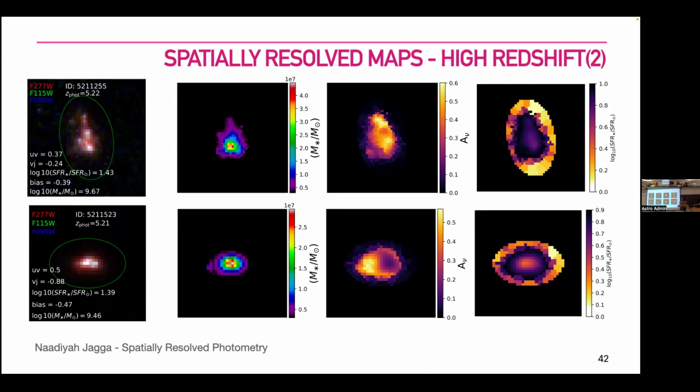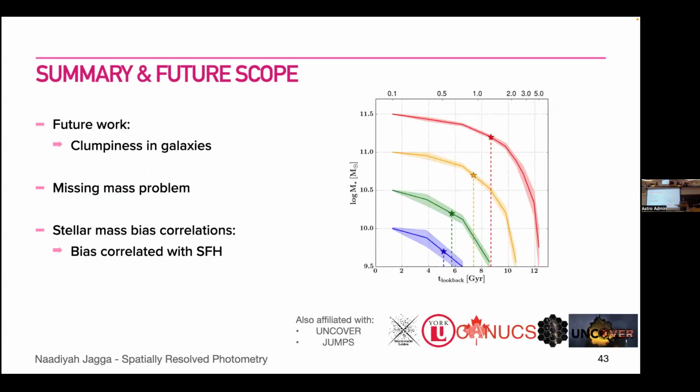These were high redshift galaxies, by the way, that are showing the clumpiness in the dusty galaxies. As a next step, I want to show the clumpiness of all galaxies and see what's the correlation with the rising stellar mass, and see if the clumpiness has to do with the missing mass problem.